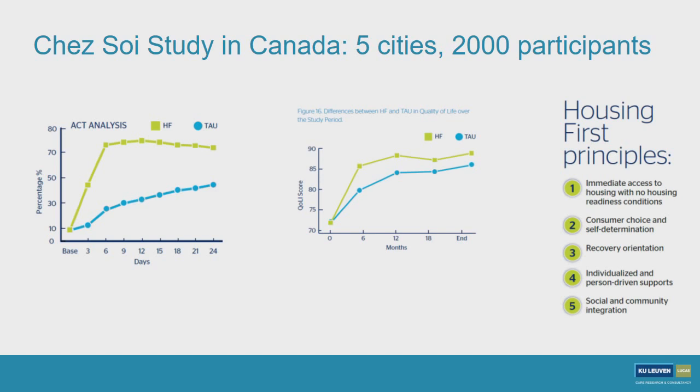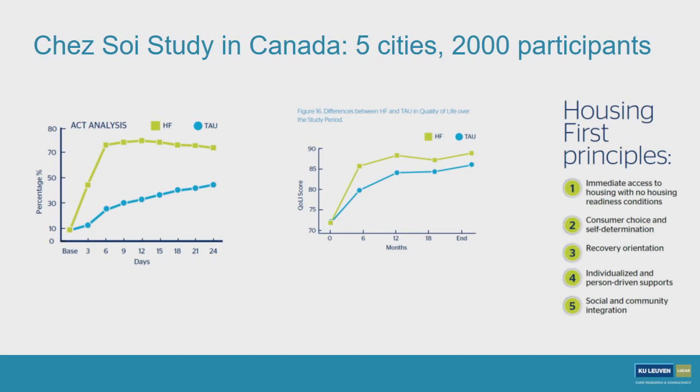All these different things cost a lot of money. And especially if people are living on the streets, these kinds of costs are high. So housing first, in the end, is even cheaper than doing nothing. It sounds very strange, but it is the case. So it's very convincing. This is a very big study, 2,000 participants, a very strong methodology based on randomized controlled trials, 5 big cities, 5 different contexts.